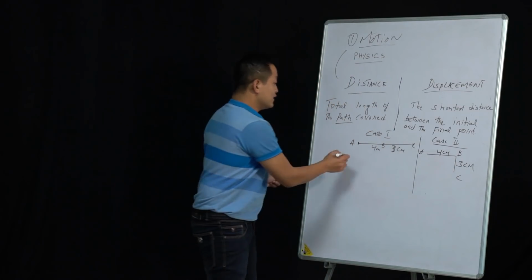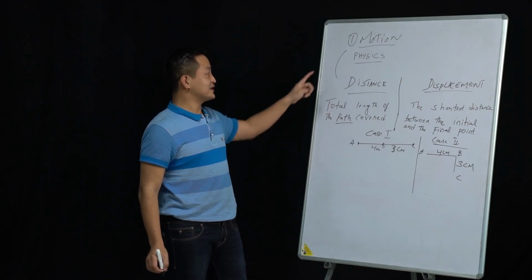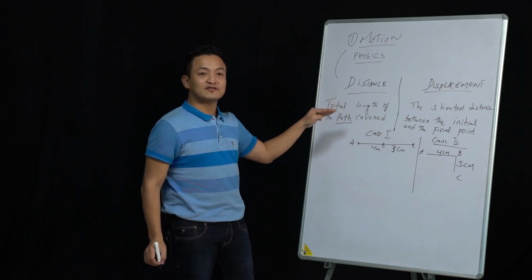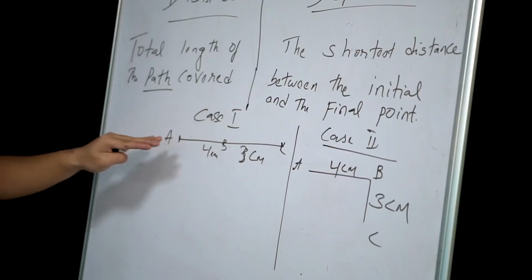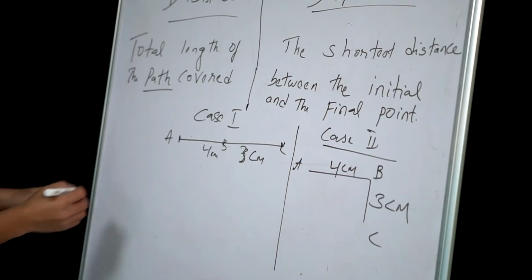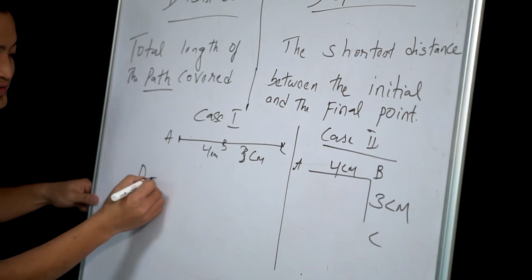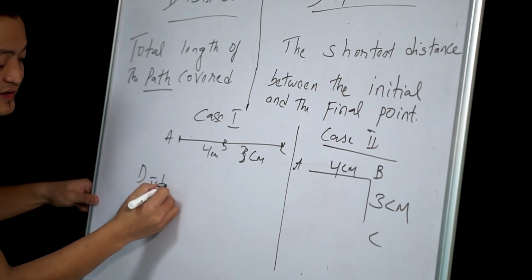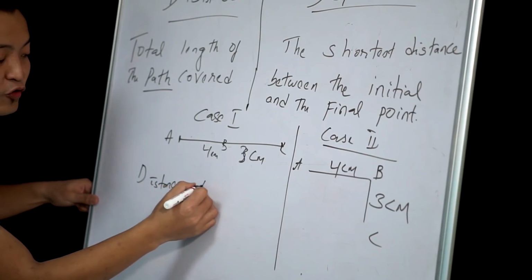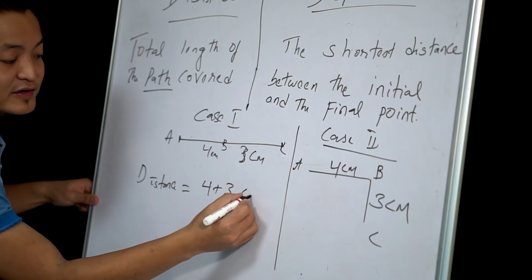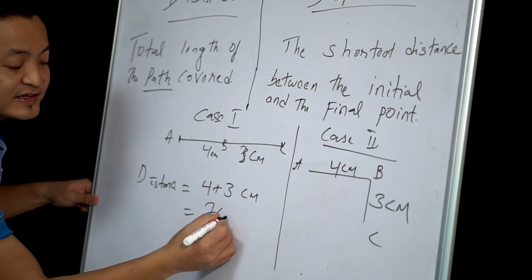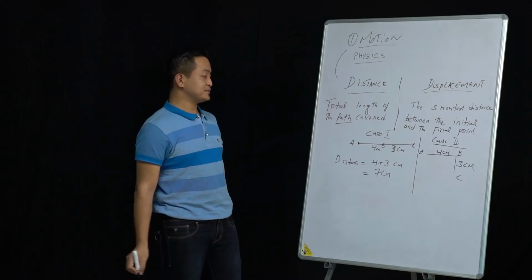Clear? So what did I say, students? I said that distance is the total length of the path covered. So this is the path from A till C. So here the distance is 4 plus 3 centimeter, that is 7 centimeter. Clear?